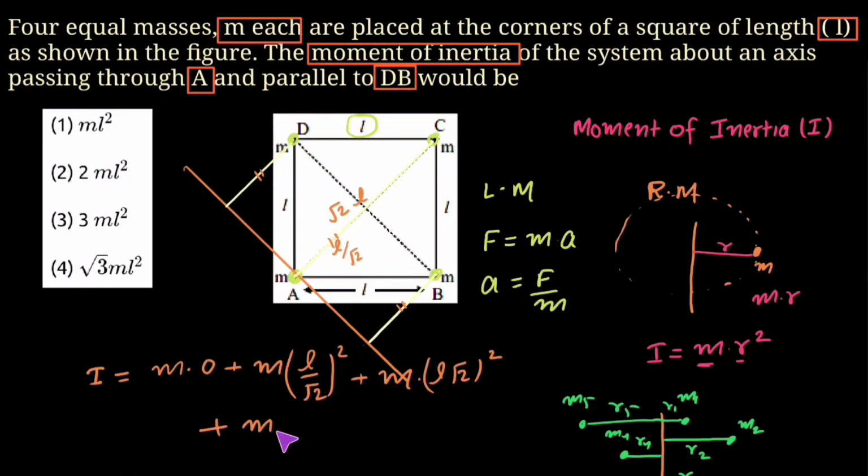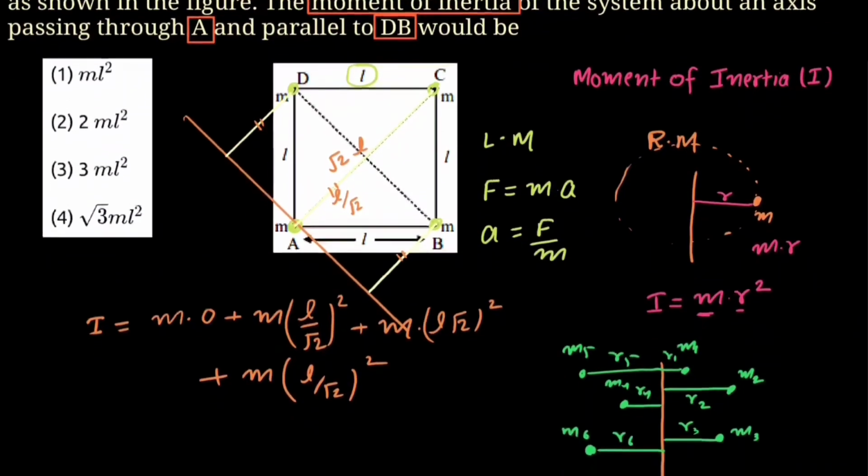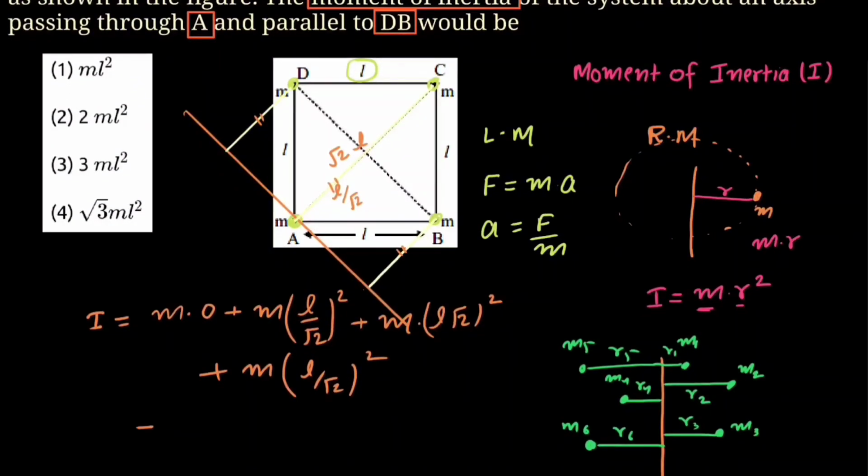So this would be m into L upon root 2, and we take the square of that. On simplification, this term would be 0, this term would become mL square by 2, plus this term would become mL square into 2, and this term will become mL square divided by 2.